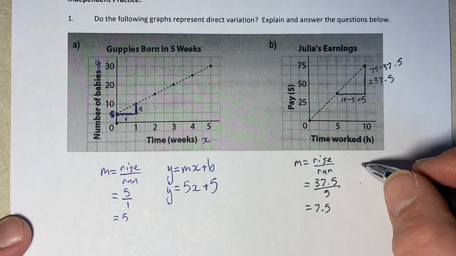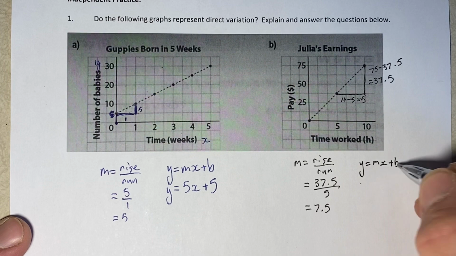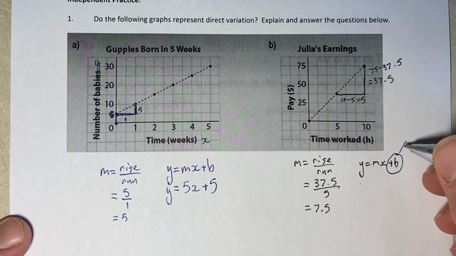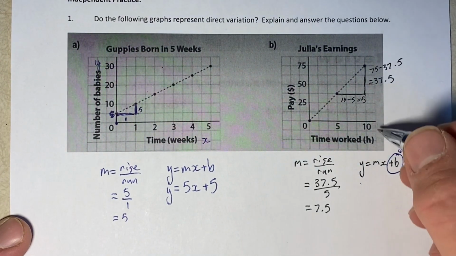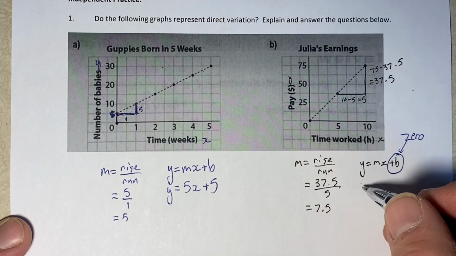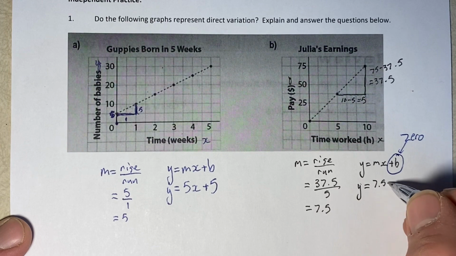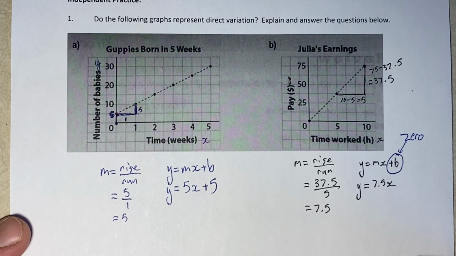Now I can write my equation. Remember, my equation is always y equals mx plus b. But the nice part about a direct variation is that b is always 0. My y-axis is my pay, my x-axis is my time worked, and I have y equals 7.5x. So it turns out Julia is getting paid a wage of $7.50 an hour.